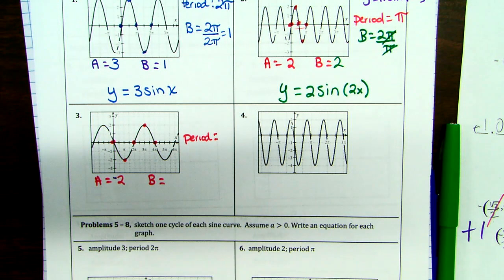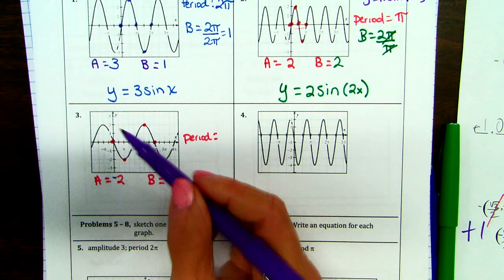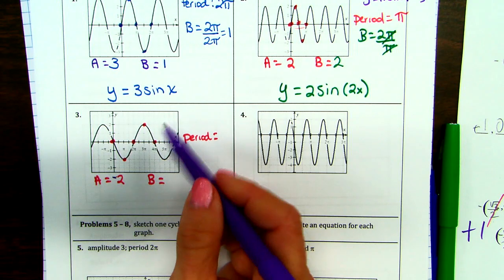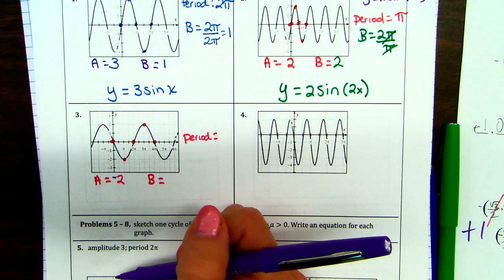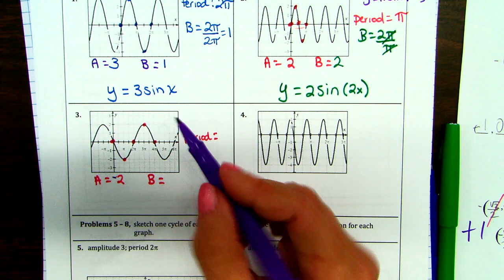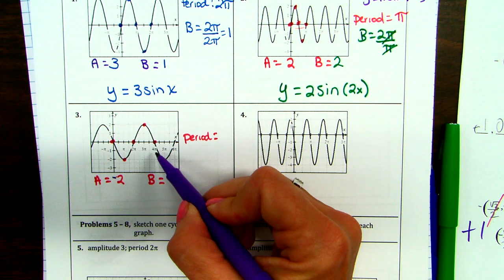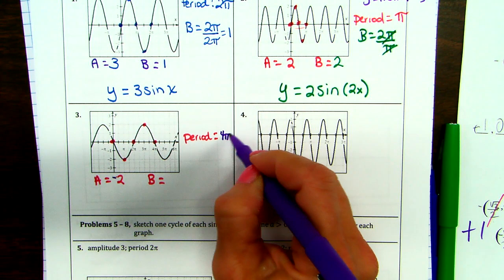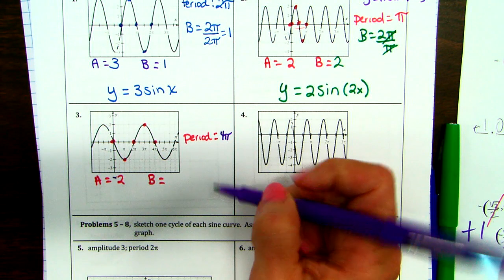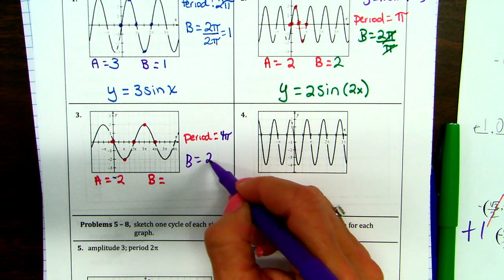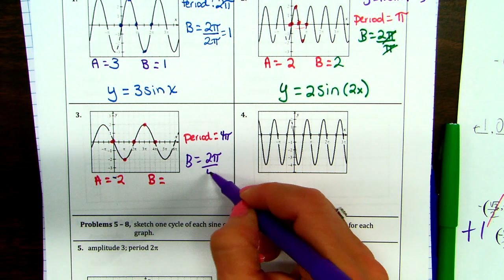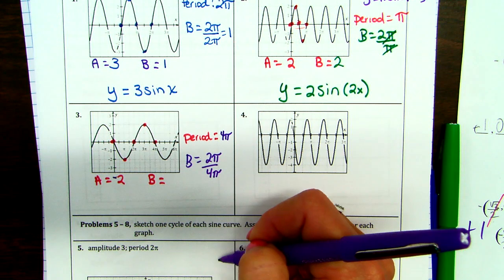A is negative, right? We flipped. You can see it in the graph. The normal one is middle, up, middle, down, middle. So when we flipped it, it changed our A value to have a negative in front. All right, the period would be 4 pi. To find B, we divide 2 pi by our period. Always remember 2 pi's on top.